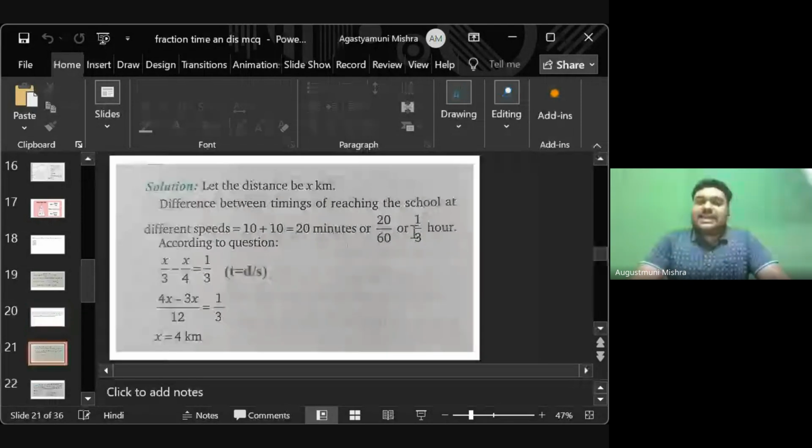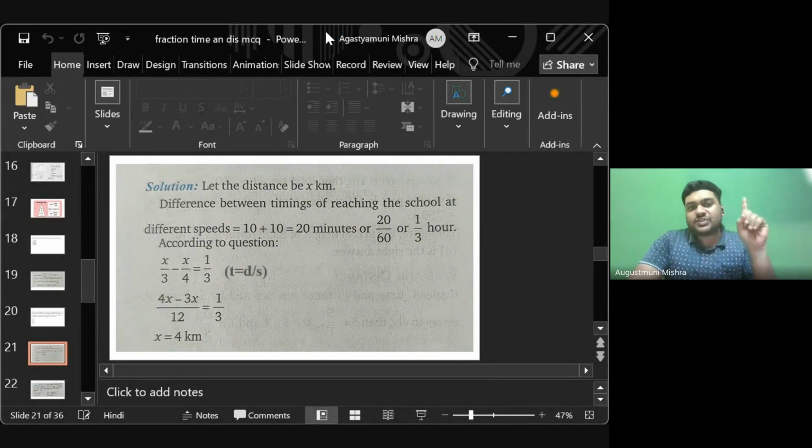So first you have to understand the difference between both speeds, in which he gets late and in which he gets earlier. When finding the difference, you subtract one from the other. Here you can see an equation like 10 plus 10, which is not similar to that.